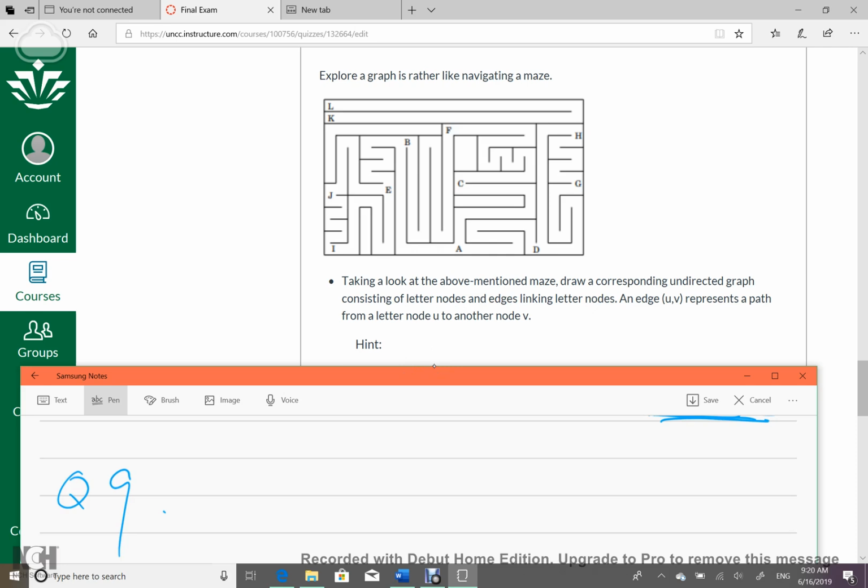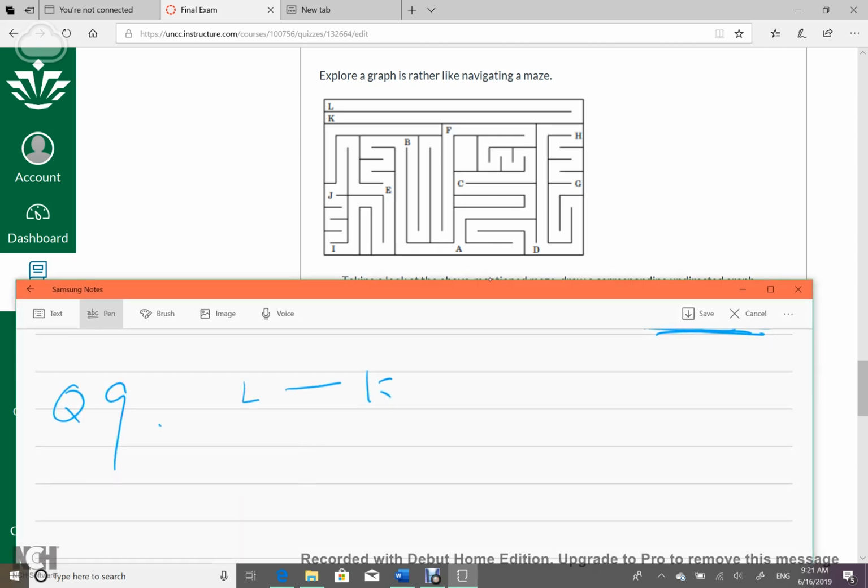We say from L, have one edge, go to K. From A, you have one edge, go to B. And one edge, go to C. And B has one edge, go to F, right?